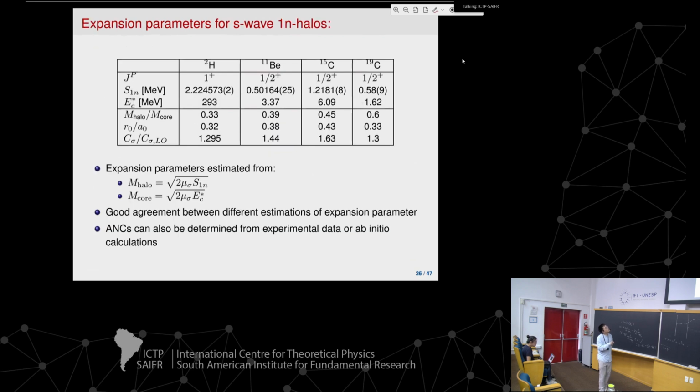And we can use these numbers determined from experiments, the one-neutron separation energy and the core excitation energy for different halo systems, to estimate, firstly, this low momentum scale over the high momentum scale ratio. And also you can use the effective range over A0 to determine its expansion parameter. And also you can use the ANC, right? So the ratio of the next-to-leading order and leading order ANC will give you similar expansion parameters. Those are consistent with each other.